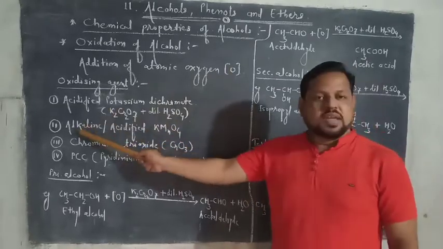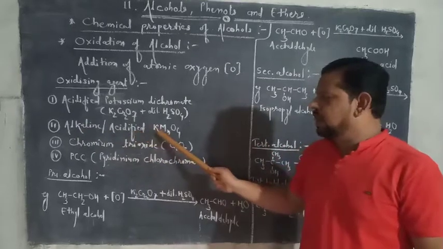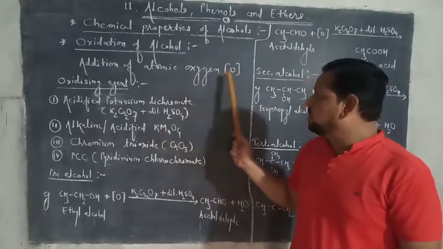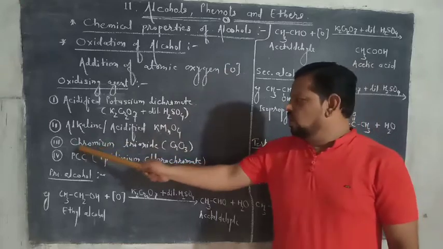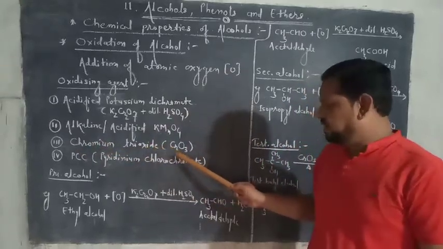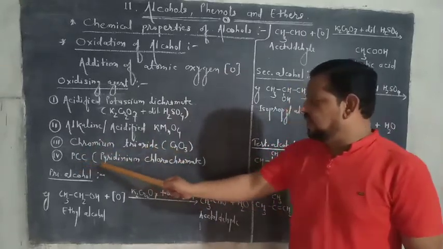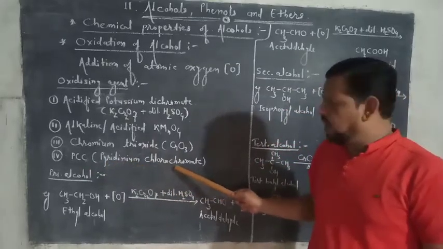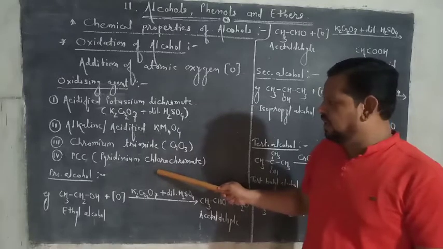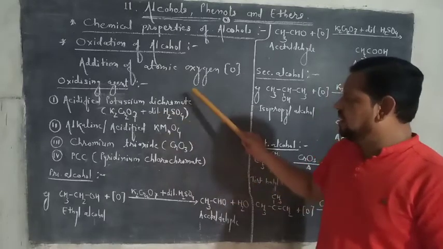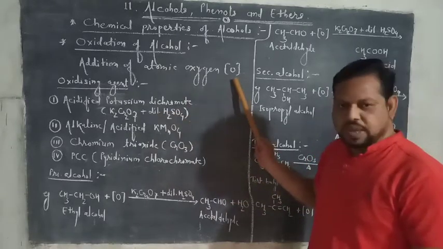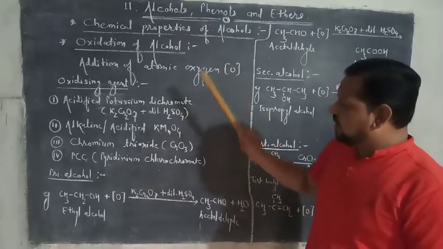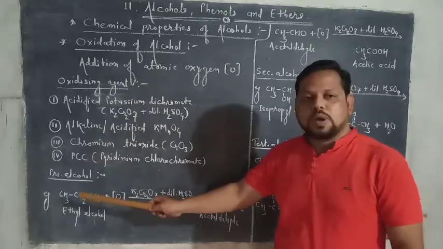Second, alkaline or acidified potassium permanganate, which also gives atomic oxygen. Third, chromium trioxide. Fourth, PCC, pyridinium chlorochromate. These four oxidizing agents give the atomic oxygen, and this atomic oxygen is used for the oxidation of alcohol.